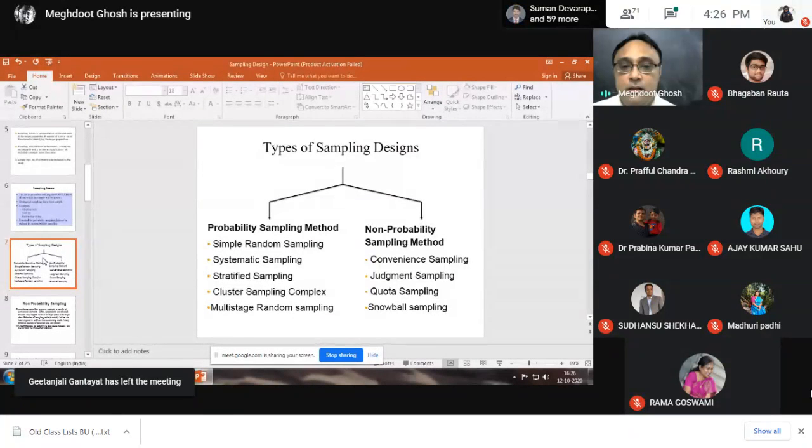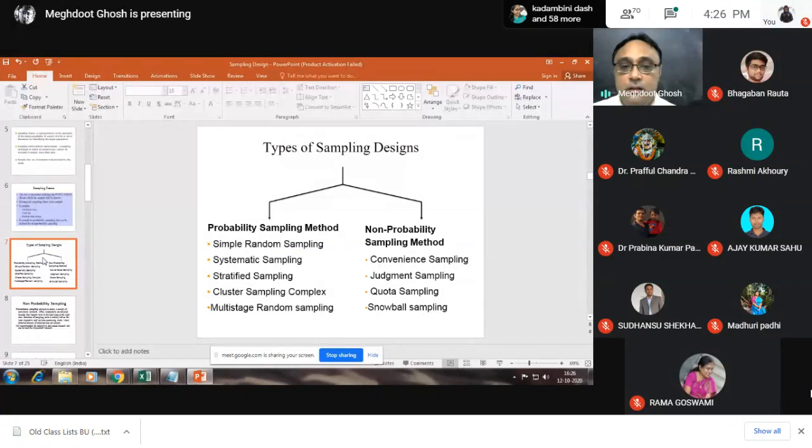Systematic sampling means what? This is a complex process, basically. Suppose you have a population of 100, and you want to take 10 samples out of that 100. I repeat once again, your population size is 100, and you have to select 10 out of these 100 as a sample.